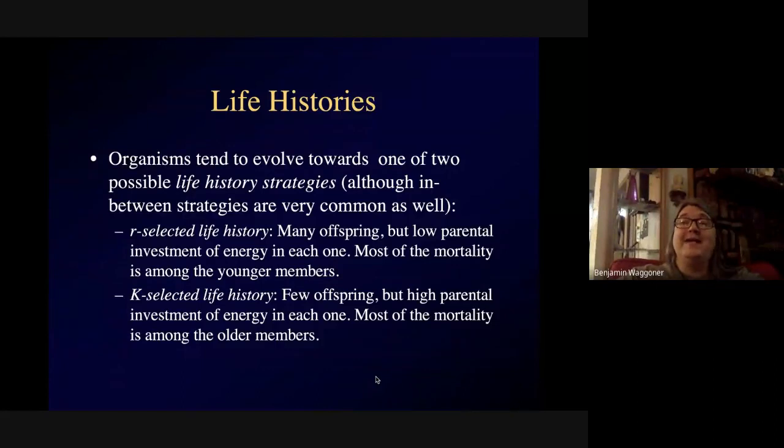And we call that a K-selected life history. K, again, comes from that letter that we use to represent carrying capacity. Few offspring, but high parental energy investment. So a plant might produce few seeds, but provide each one of the seeds with lots of nutrients, lots of nutrition for that seedling to grow.